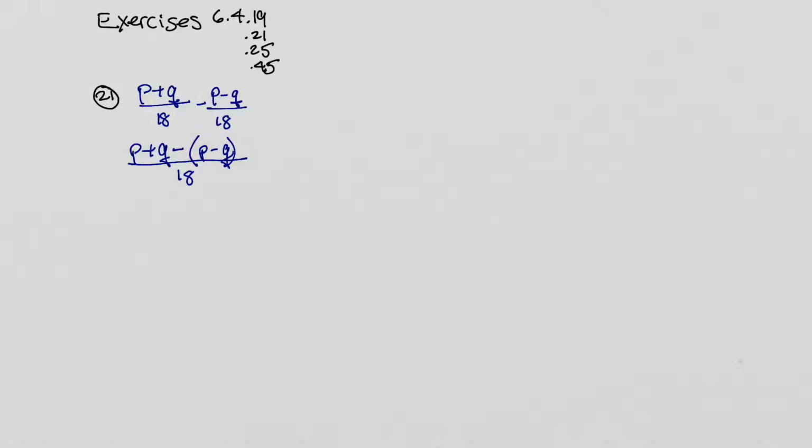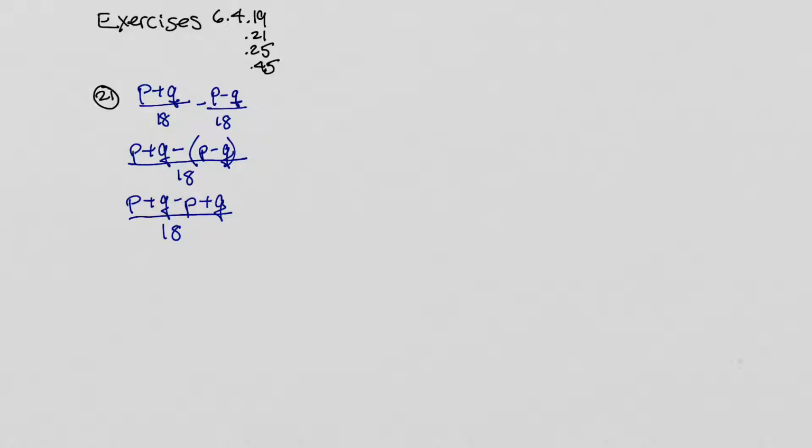Let's eliminate these parentheses here. Take that minus sign through, so we're going to have p plus q minus p, and minus a negative q is minus a minus, which is a plus. And the whole thing is over 18. Then p minus p is 0, so that's gone.